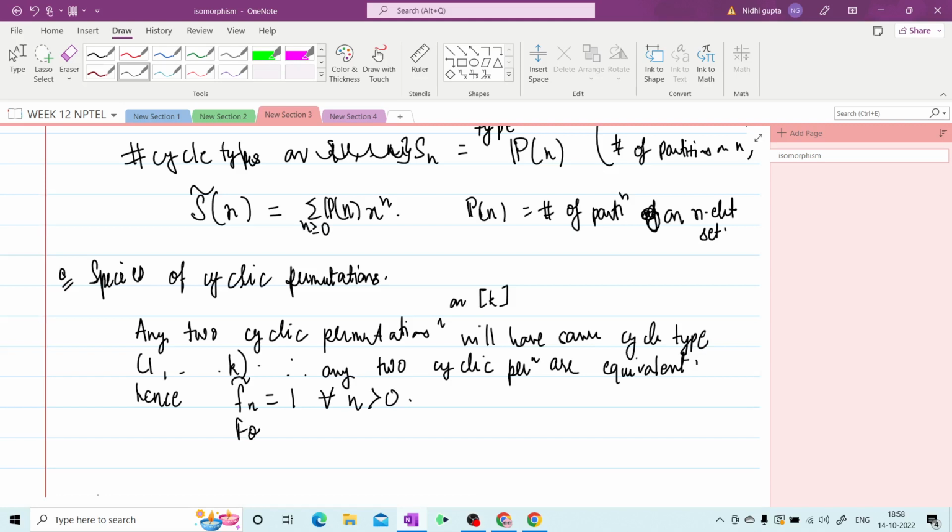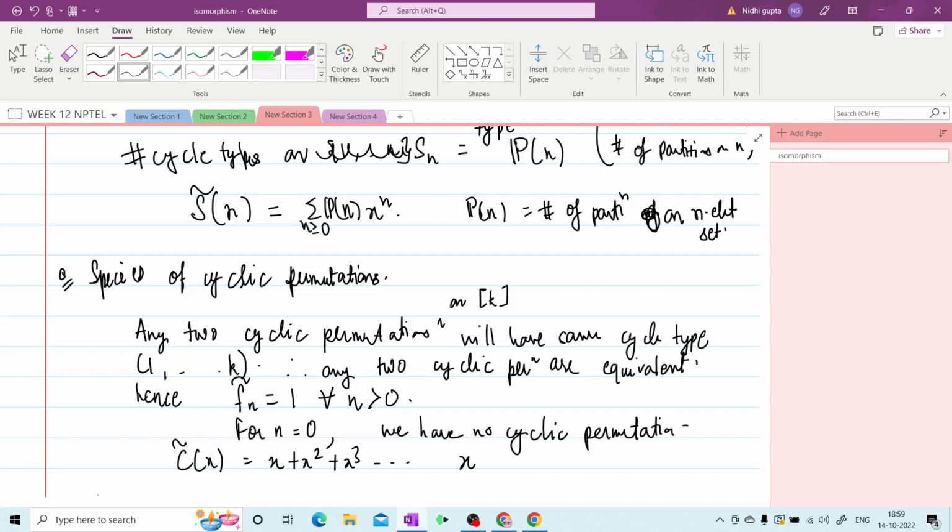And for n equal to 0, we have no cyclic permutation. So C tilde of x is x plus x squared plus x cubed and so on, which is x upon 1 minus x.